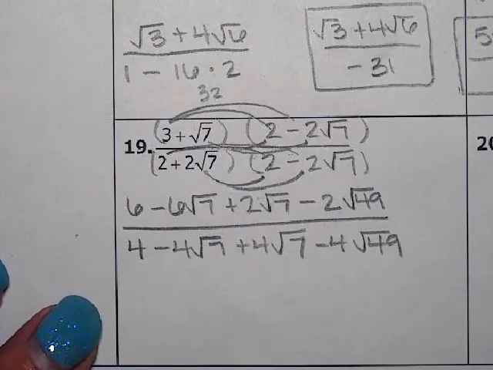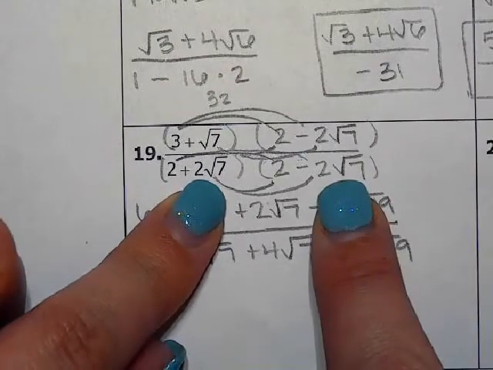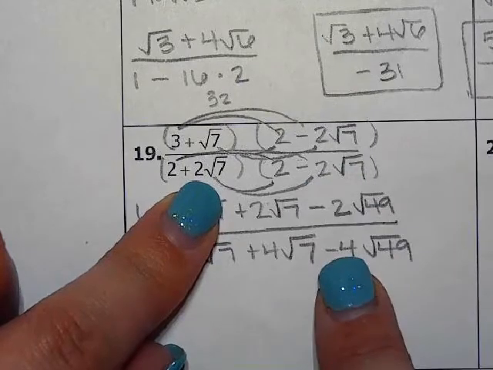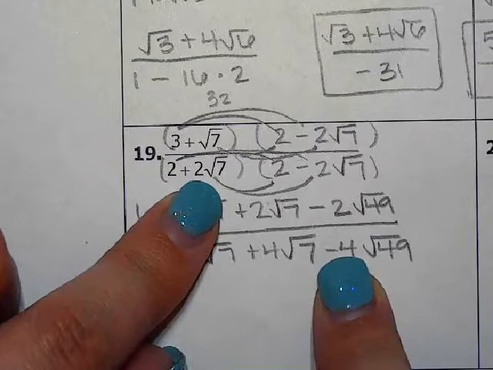So when I multiplied the 2 root 7 and the negative 2 root 7, I did a positive times a negative, gave me a negative. 2 times 2 is 4. Root 7 times root 7 is where I got the root 49.